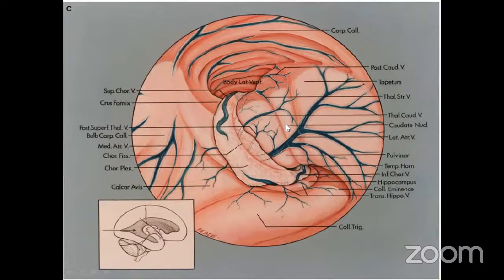This is the tail of the caudate nucleus, and this is the pulvinar. So the lateral atrial veins pass through the tail of the caudate nucleus and pulvinar to pass through the choroidal fissure. We can also see medial atrial veins that pass forward and penetrate the crus of the fornix near the choroidal fissure to reach the quadrigeminal cistern. The other vein is the transverse hippocampal vein that crosses the floor of the atrium and the temporal horn.